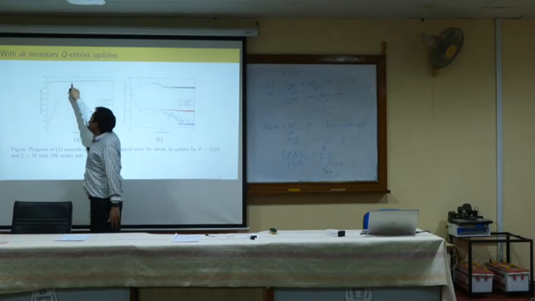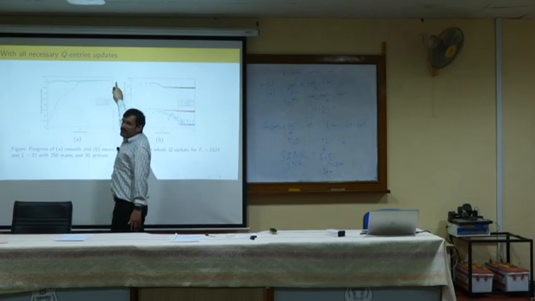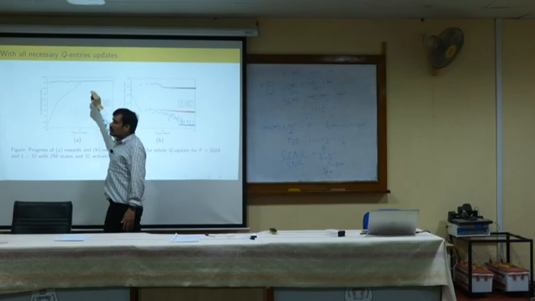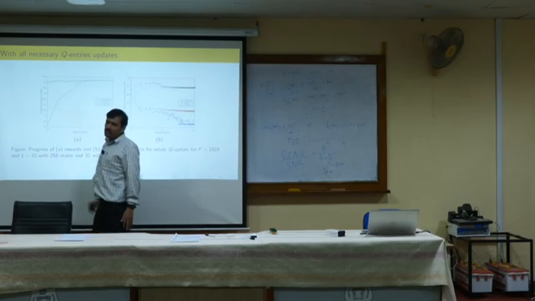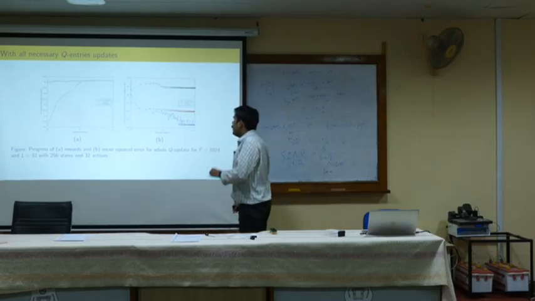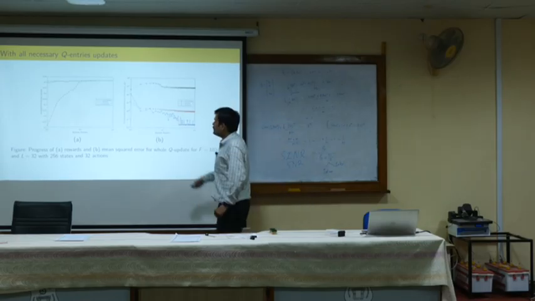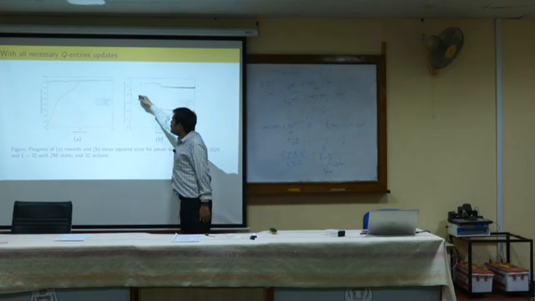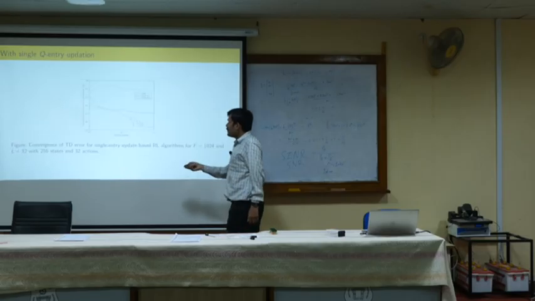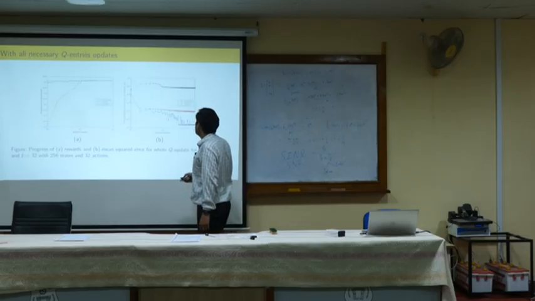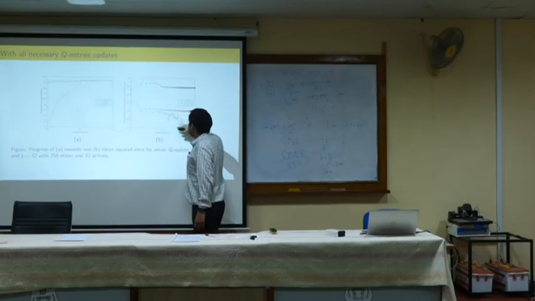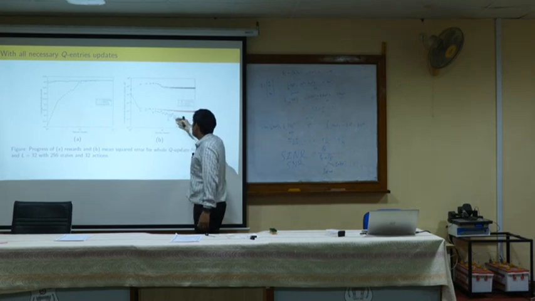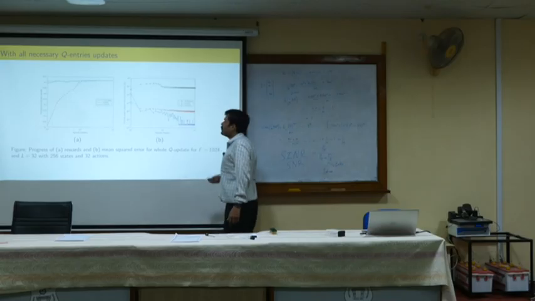So we are getting rewards from the start, and it goes like this. So it means we are reaching convergence early also here. This also shows the average mean square errors, similar to the previous slide. It shows a similar result, that for NLFA, non-linear function approximation, we are reaching very low error at convergence.